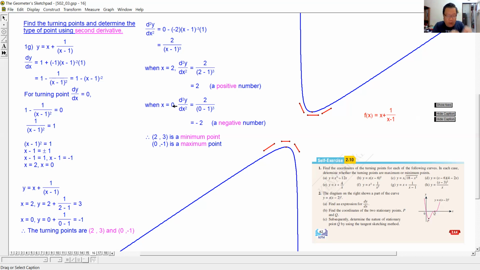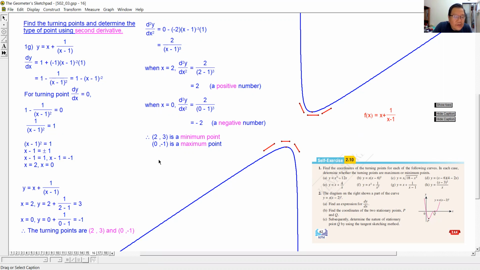No need. Use the turning point itself. So 0 substituted inside becomes negative 1. 2 divided by negative 1 is negative 2. So this is a negative number. So for x equal to 2, the actual point is 2, 3, and it is a positive number, then we say it's a minimum point.